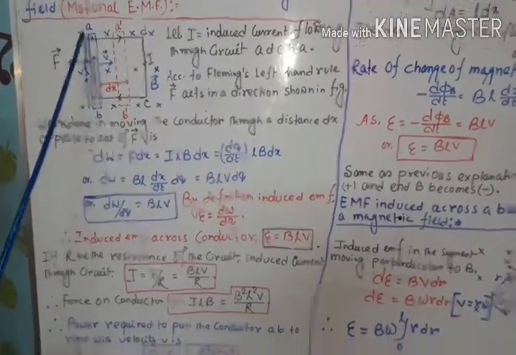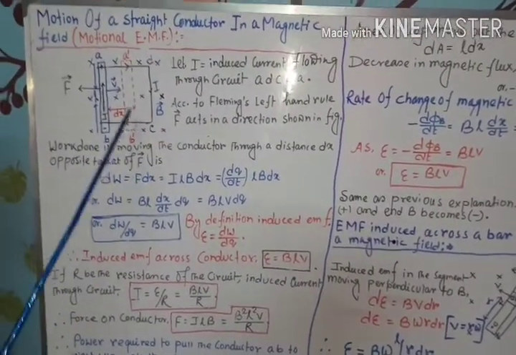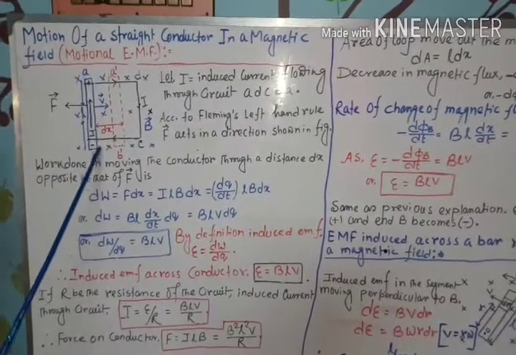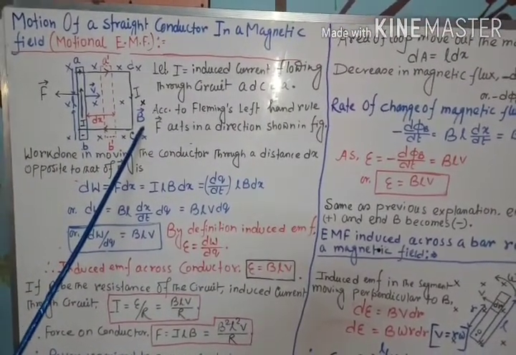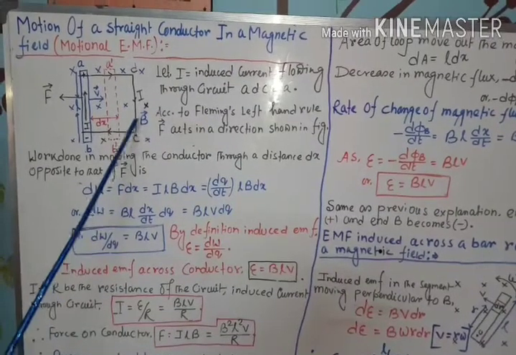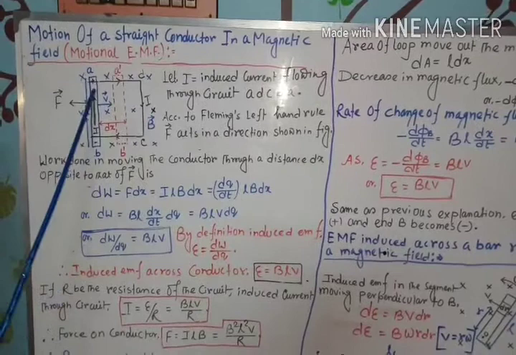Okay, so as the conductor is in motion, the electrons present in the conductor are also in motion over the magnetic field in a perpendicular direction. This means the magnetic field creates some force on these moving electrons.